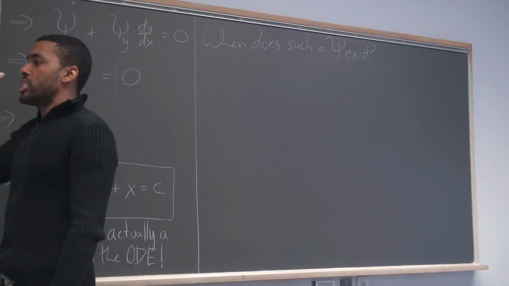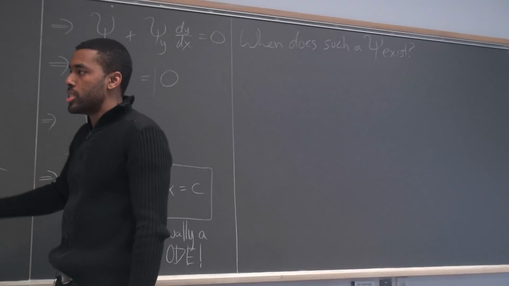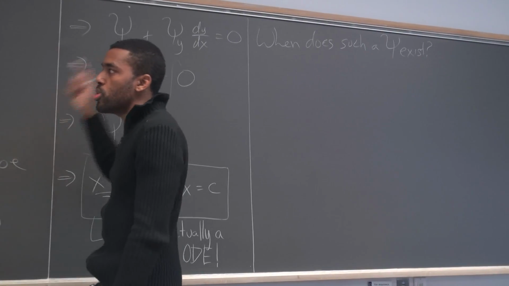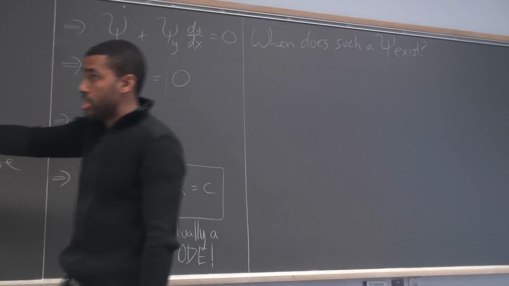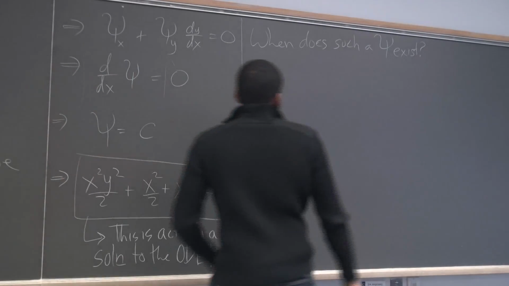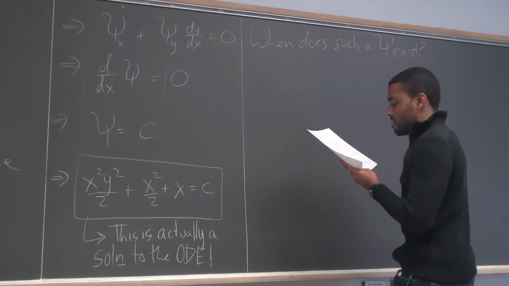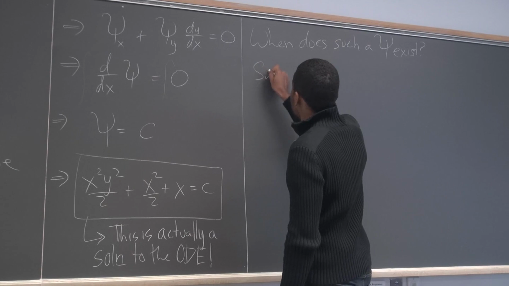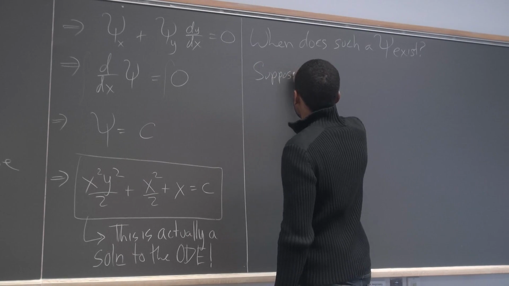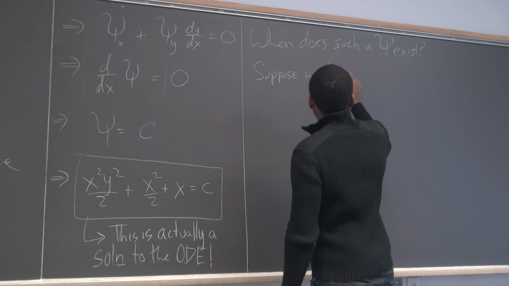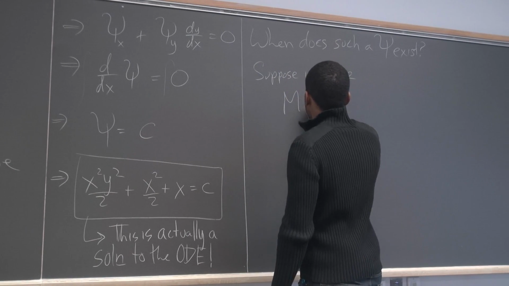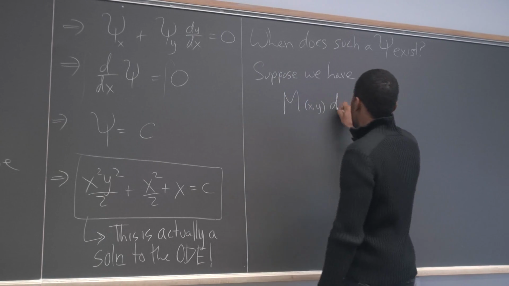We know that we can check for separable, we can check if something is linear, we know how to check if it's homogeneous. How do we check if something is an exact equation? I'm just going to use a notation from the book.